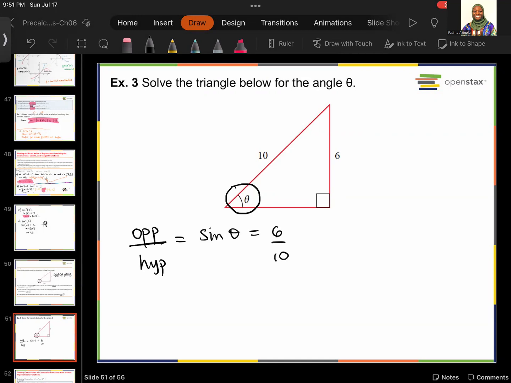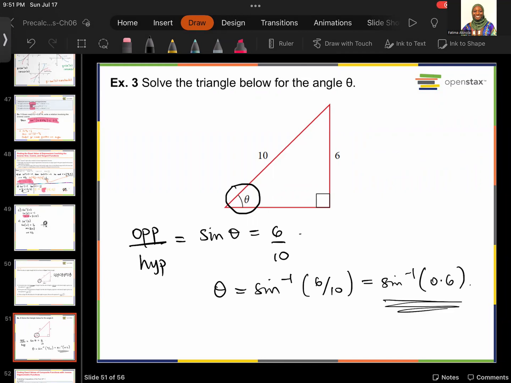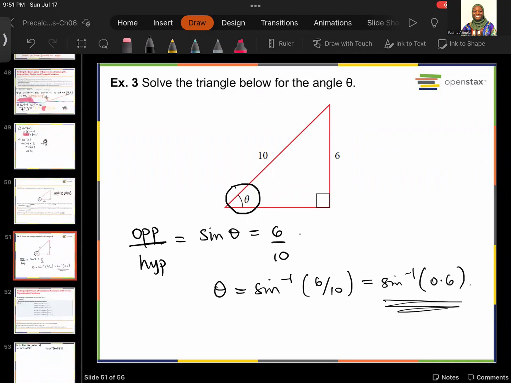So this tells us that theta is sine inverse of 6 out of 10. This is not one of our special angles, and again, you're not going to be using a scientific calculator in your exams, so no one would be asking you to find this. But you see a triangle, you're given two sides and you're trying to find an angle. This is how you want to go about it.